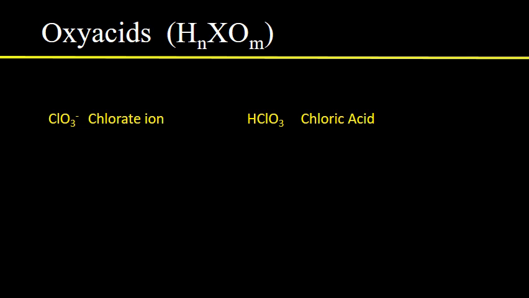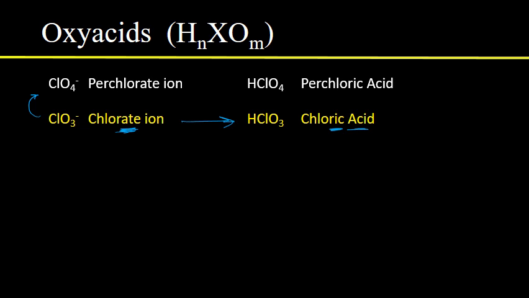And the first thing to note is, as we had on that last page, if the oxyanion ends in -ate, then the corresponding acid ends with -ic acid. And as we were showing last time, you can add an extra oxygen to that to get the perchlorate ion. Notice the number of oxygens has gone up by 1, but the charge stays the same.